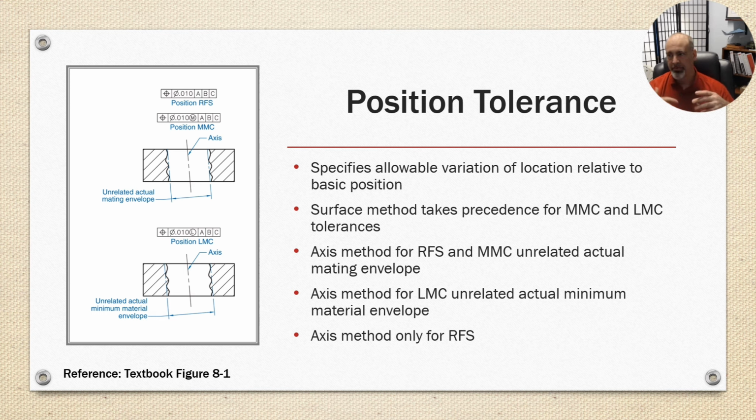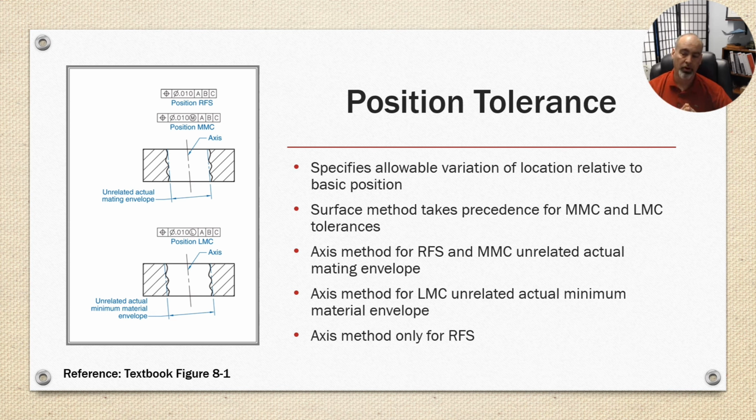So there's a difference between calculating off a theoretical center axis, and if you're using a functional gauge method, that would be picking up on the surfaces. So you have a physical feature that's touching the surfaces as opposed to calculating a theoretical axis.